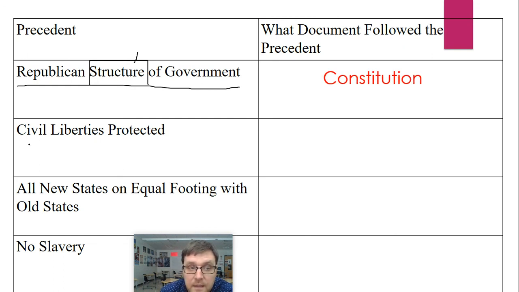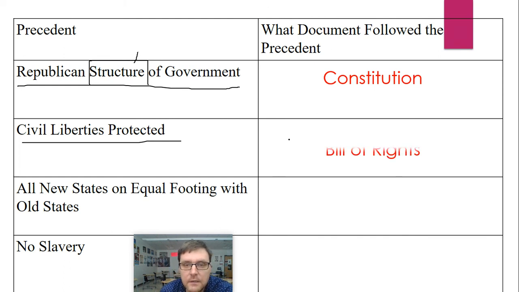Correct. If the Northwest Ordinance first said there should be trial by jury, religious freedom, what document do you think we find that in later that followed the precedent? Close, but no cigar. It's the Bill of Rights, sorry.